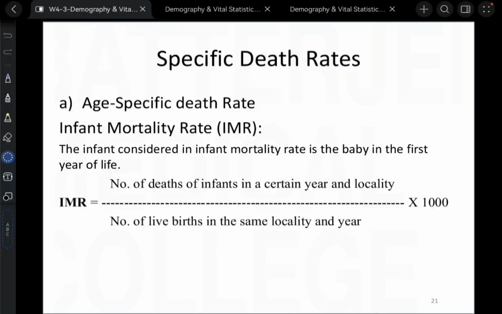That's considered an infant. This is broad in consideration compared to what we'll have later on. The IMR is the number of deaths in infants over the number of live births times 1,000. That's not the mid-year population, that's live births.